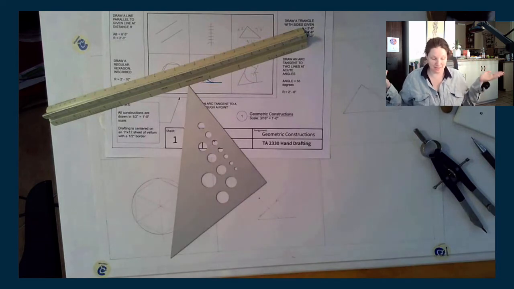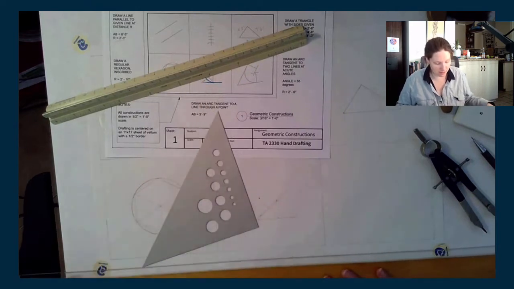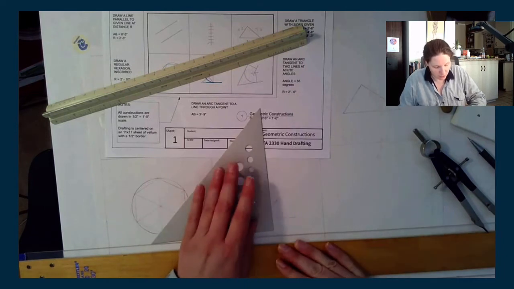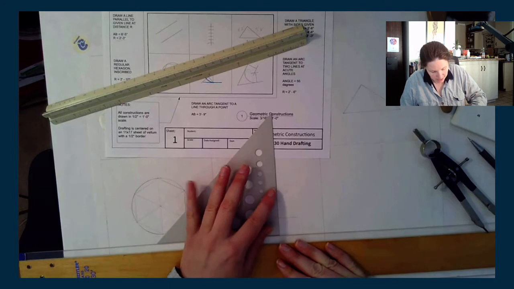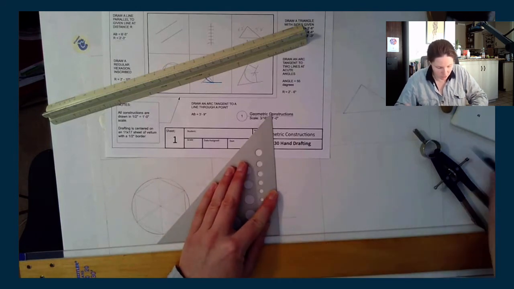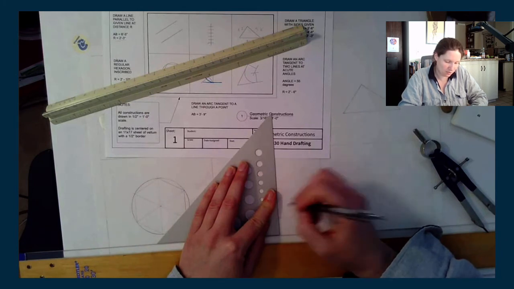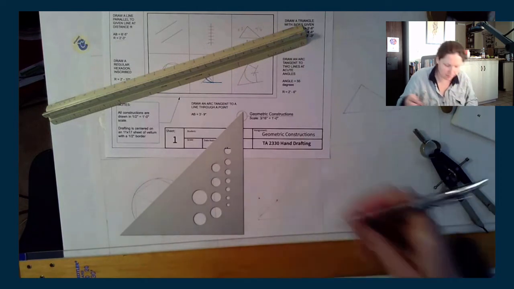So the next thing I do, once I have this line, I'm going to take my T-square, hold it against the bottom, use my T-square to determine where along this line, this perpendicular bisector, my vertical coming from that tangent point would hit, okay? So that gives me this spot right here, okay?